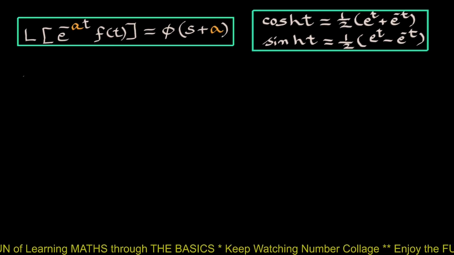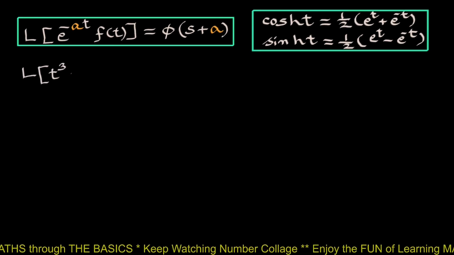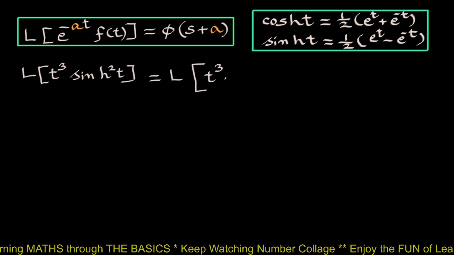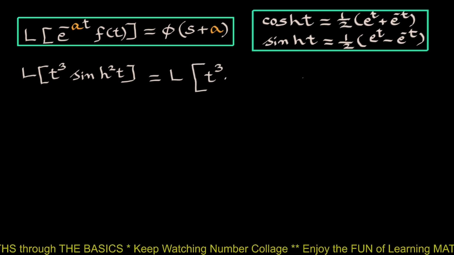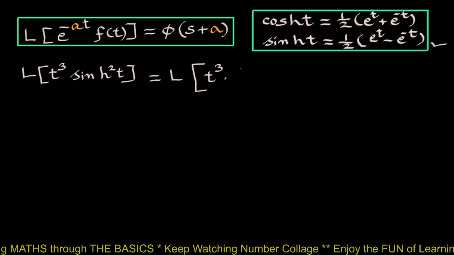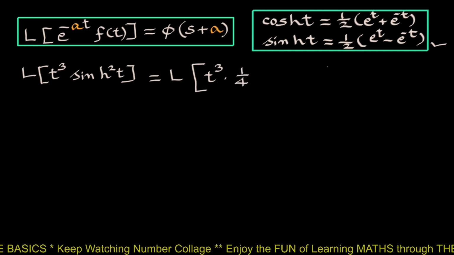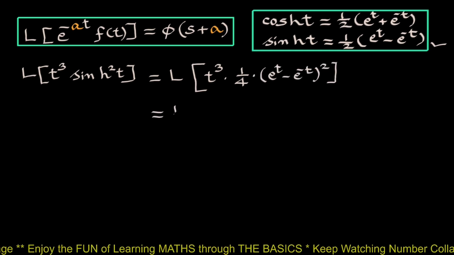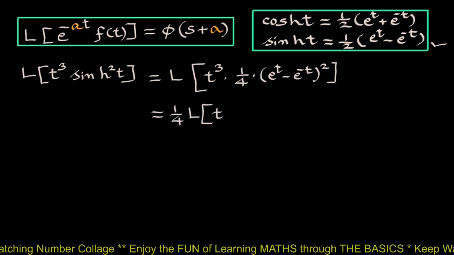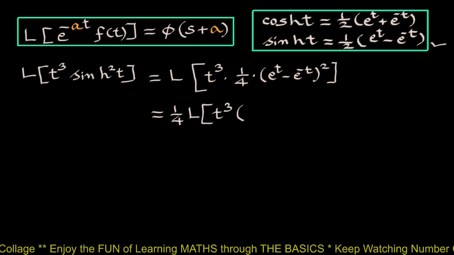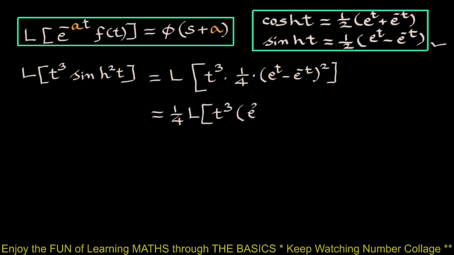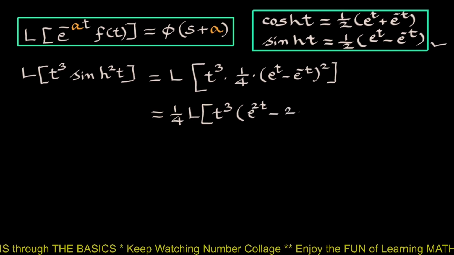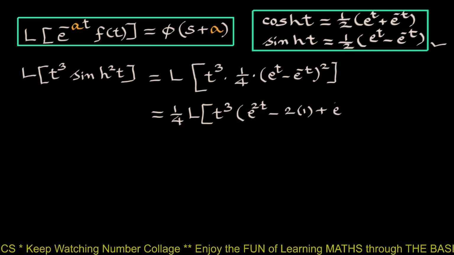Let us find the Laplace transform of t cube into square of hyperbolic sine t, which is L of t cube into square of hyperbolic sine t. From this formula above, it is 1 upon 4, which is square of this half into (e raised to t minus e raised to minus t) whole square, which is 1 upon 4 L of t cube into the expansion of (e raised to t minus e raised to minus t) whole square, which is e raised to 2t minus 2 times e raised to t into e raised to minus t, which is 1, plus square of e raised to minus t, e raised to minus 2t.